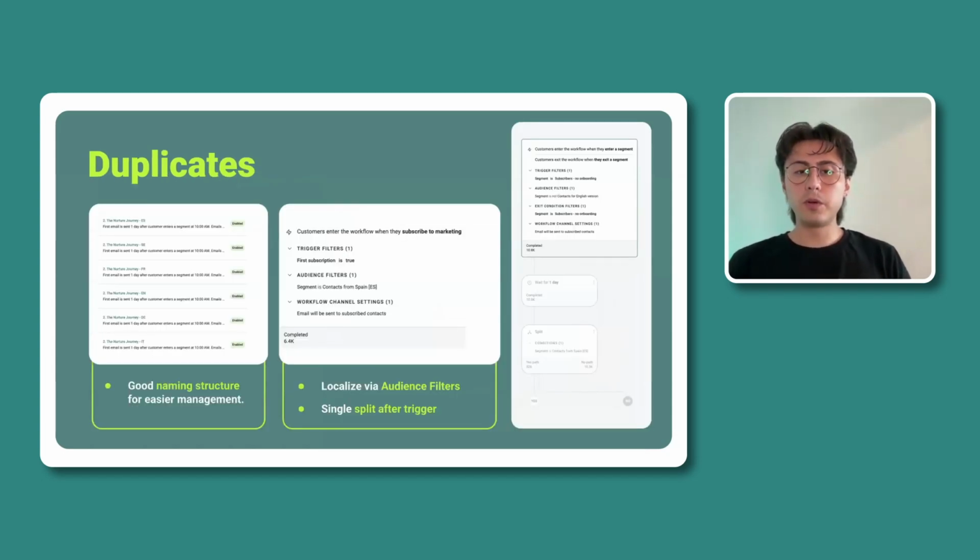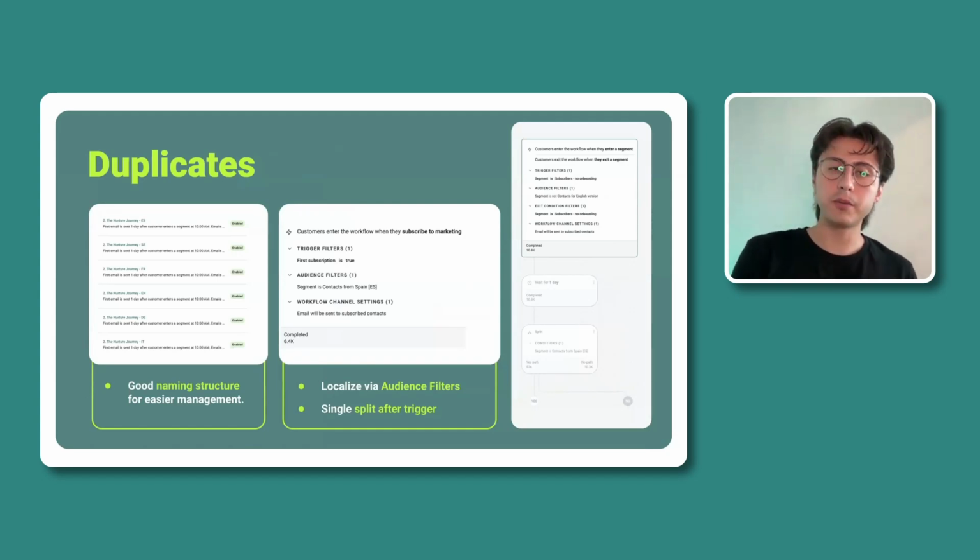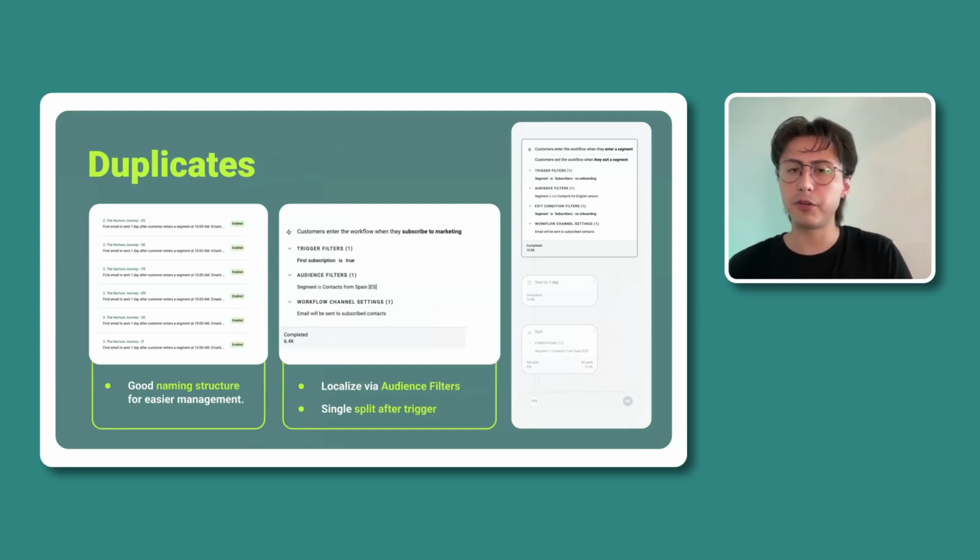Now, how would it work with duplicates? Again, just repeating the same as in forms, we would want to have a good naming structure. In this case, I always suggest to the brands I work with to also have a numeric symbol in front of the name. Why? Because you want to know not only the country or region that you're sending to, but also which stage they are in.